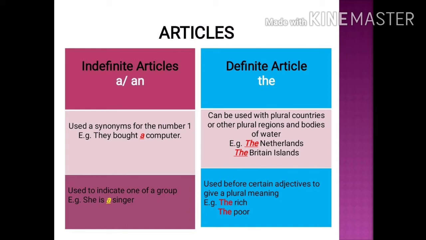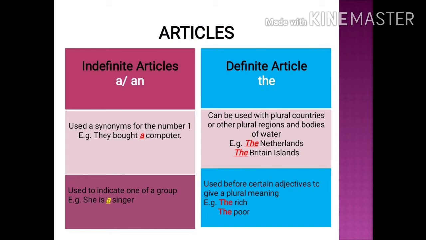Children, you can use definite article the in front of an adjective. We saw that we use articles in front of nouns, right? But the definite article the can be used in front of adjectives also. You can use definite article before certain adjectives to give a plural meaning.